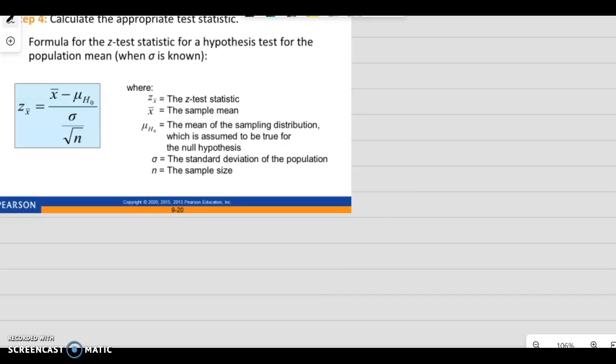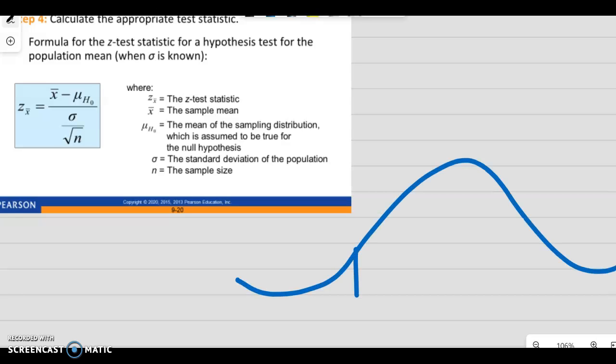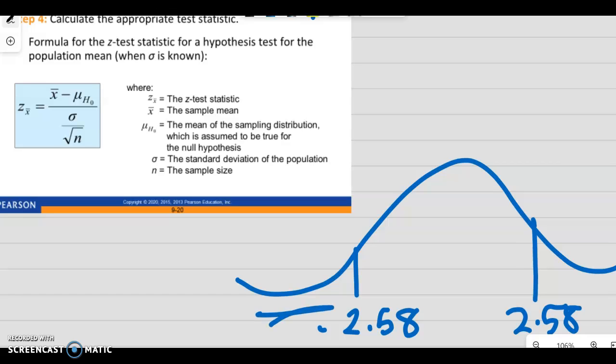let's look at how that would fall. So negative 2.58 and positive 2.58. And these are your, let me get the highlighter. These are your rejection areas.